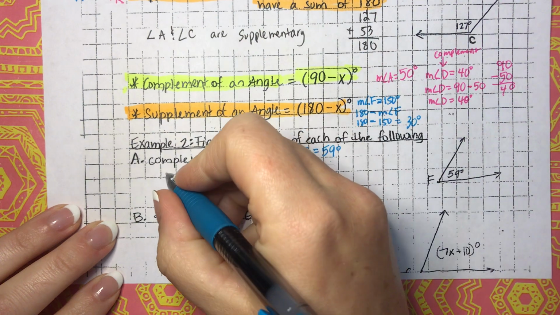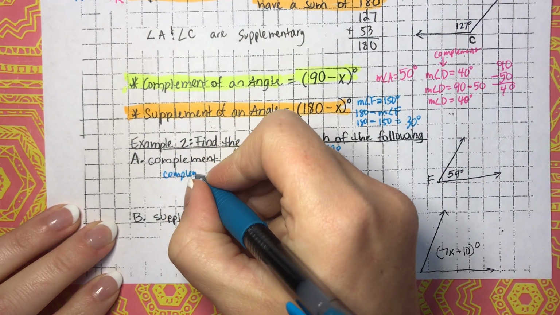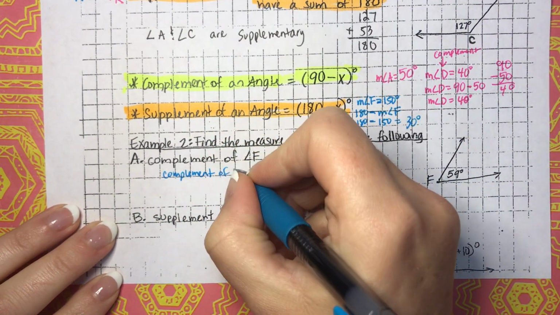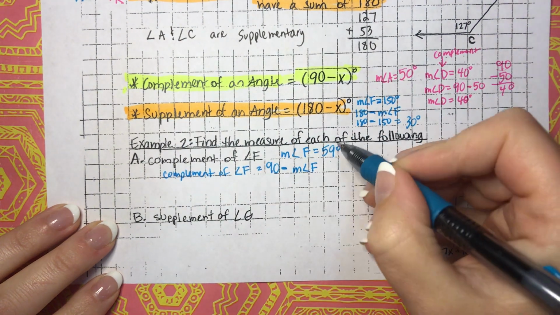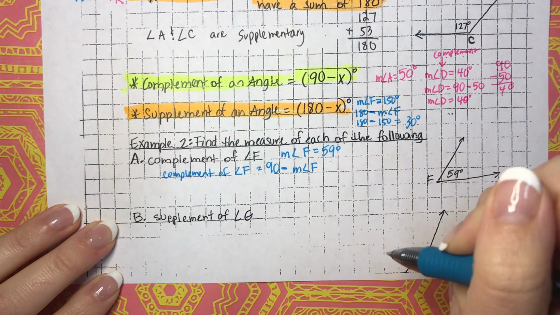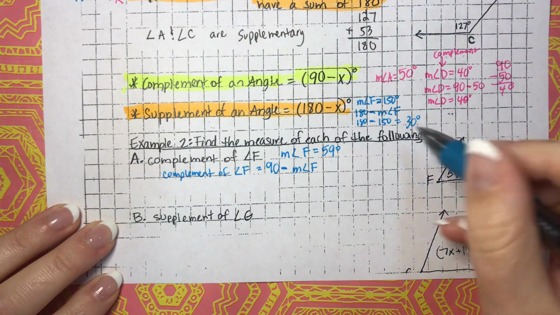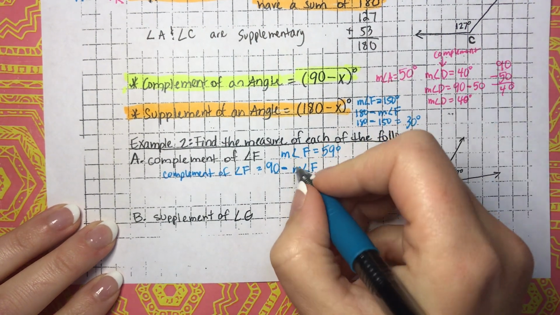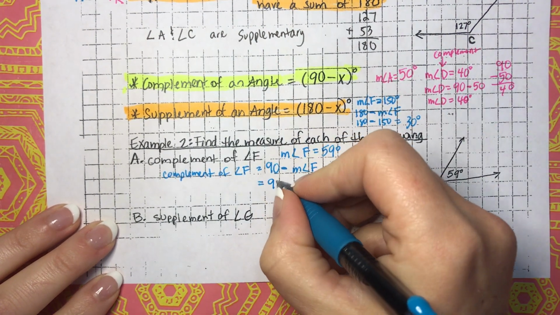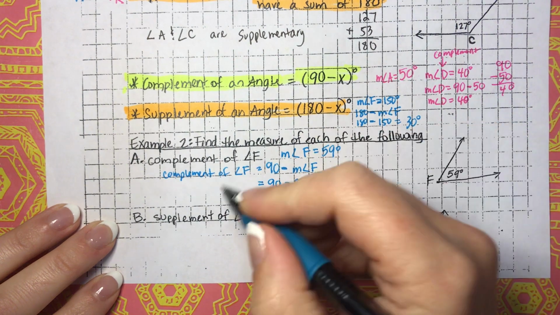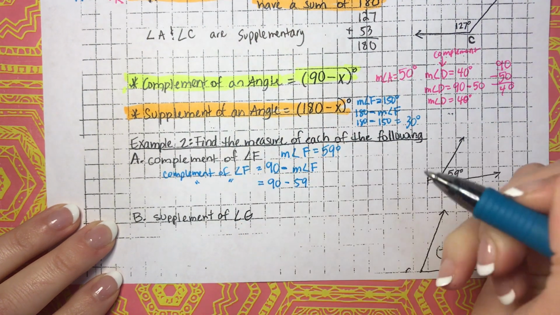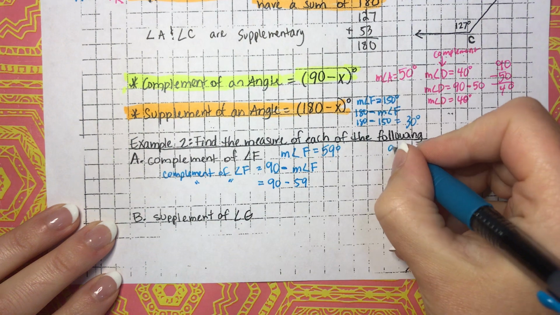So this equals the complement of angle F. All right, then we substitute this in for F, because angle F is 59 degrees. And then we get 90 minus 59 degrees, and that's the complement of angle F. And then we just need to do that work.